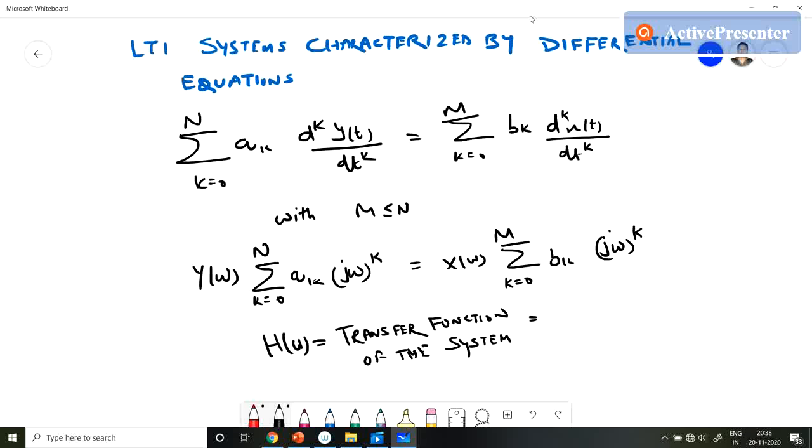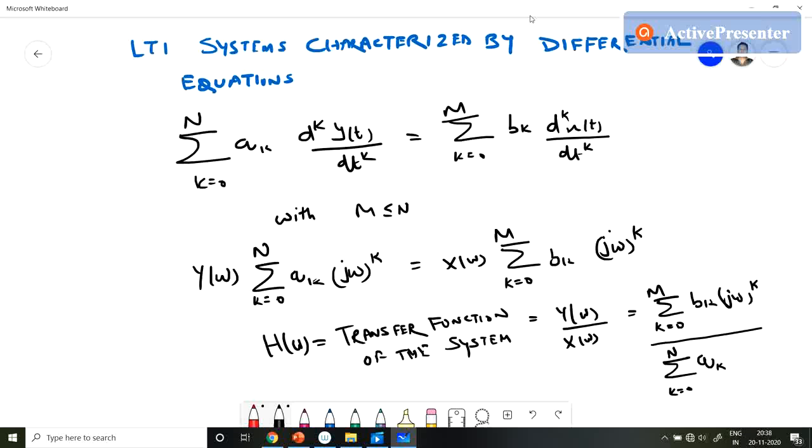So this H(omega) is equal to Y(omega) divided by X(omega), and that is equal to summation k equals 0 to capital M b_k (j omega) raised to the power k divided by summation k equals 0 to capital N a_k (j omega) raised to the power k.